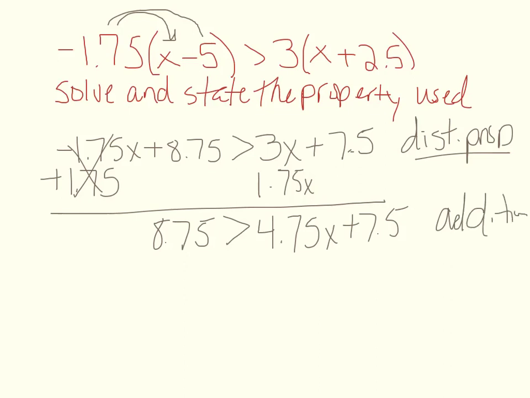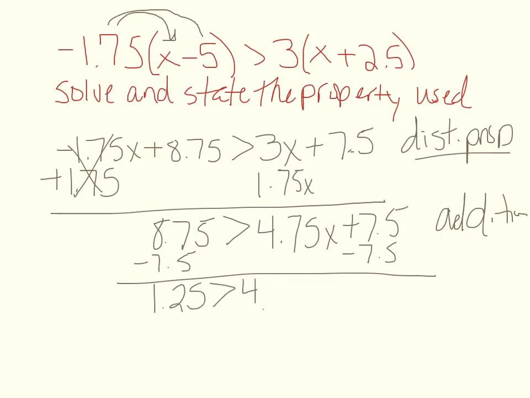Next thing, I'm going to move my 7.5 over, so I have to subtract. 8.75 minus 7.5 is 1.25. Bring down my inequality, and I'm going to bring down 4.75x. Those canceled. Now the property I used for that would be subtraction.